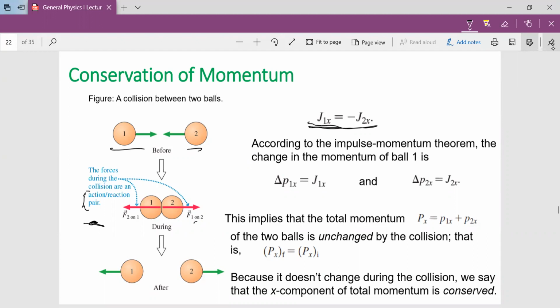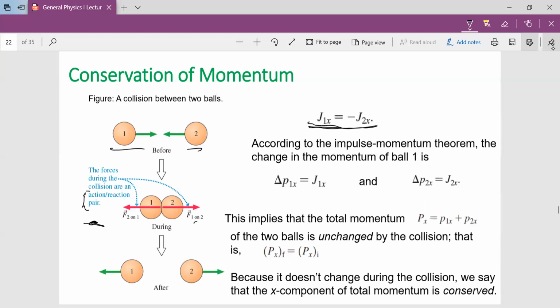So we see that the impulse for ball 1, on the x plane, that's what we mean by J1x, is equal to the negative of the impulse of ball 2 on the x plane, according to Newton's third law.